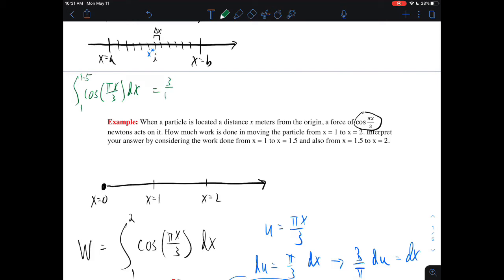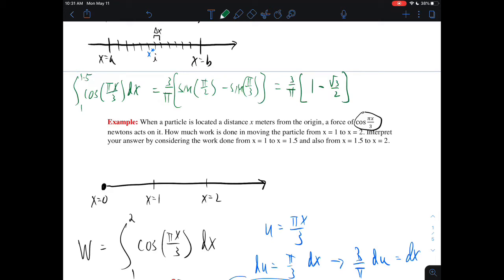So 3 over pi sine of pi over 2 minus sine of pi over 3. So that ends up being 3 over pi times 1 minus, and then we already saw that sine of pi over 3 is the square root of 3 over 2.